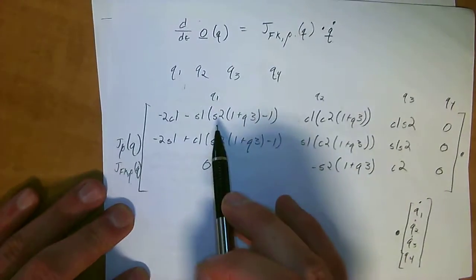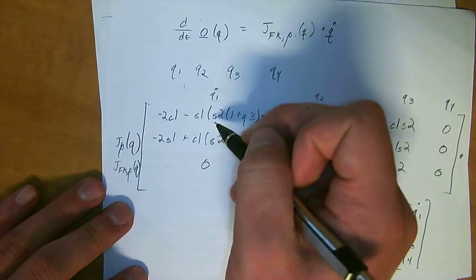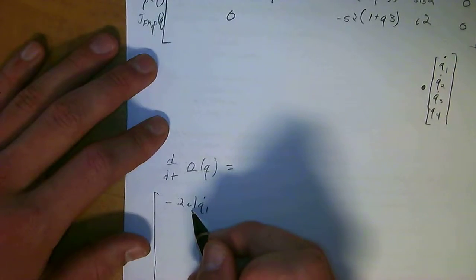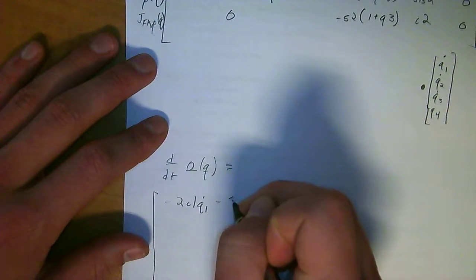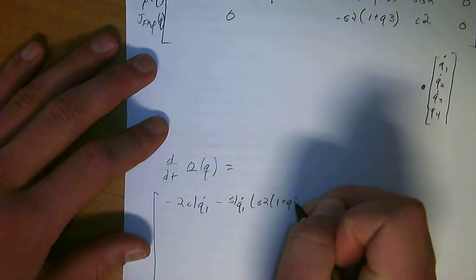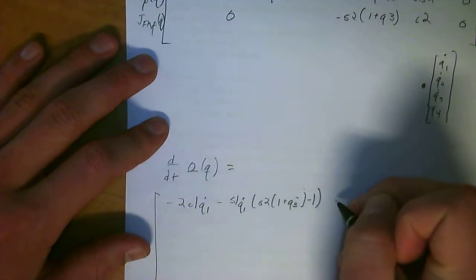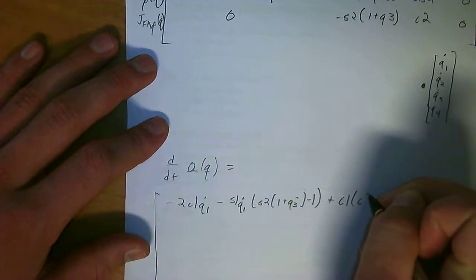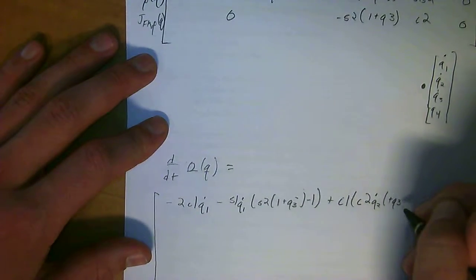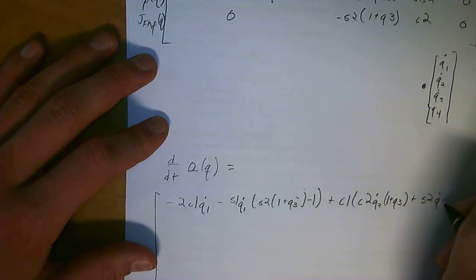If you take these partials that we defined up here and make them with respect to Q1, and distribute this Q1 through here, you'll end up with negative 2 sine 1 Q dot 1, because you would normally take the derivative with respect to Q1 here, minus sine 1 Q dot 1, sine of 2 of 1 plus Q3, minus 1 plus C1 C2 Q2 dot of 1 plus Q3, plus sine 2 Q dot 3.